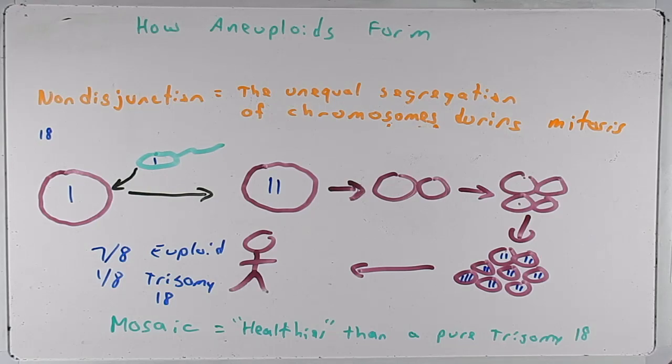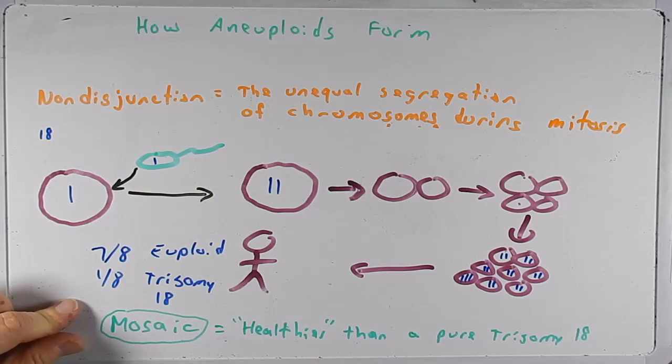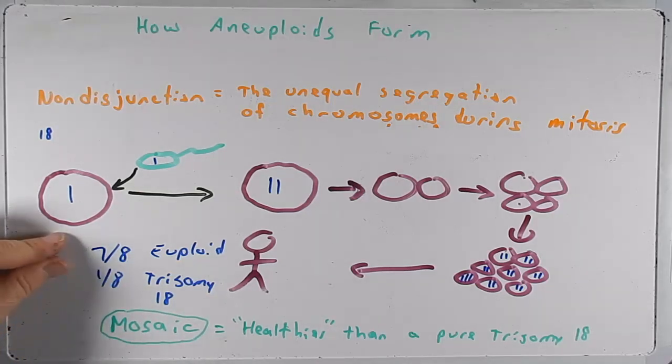And in some cases, they've lived 13, 18, 20 years. And in all of those cases, it was because they were mosaic, because most of their cells were euploid, yet some of them were still of the trisomy 18 variety. So mosaics appear in a person as a mixture of euploid and some trisomy, and in some cases some monosomies.